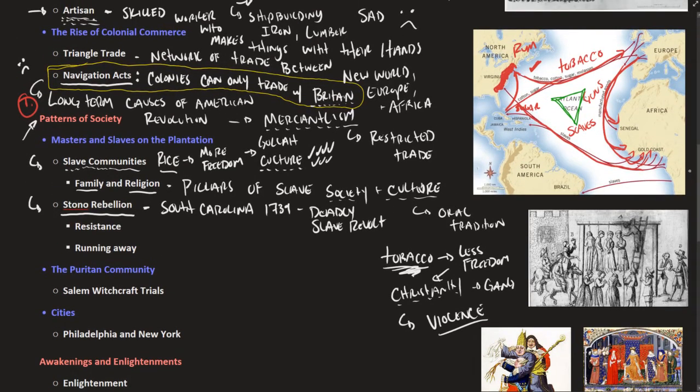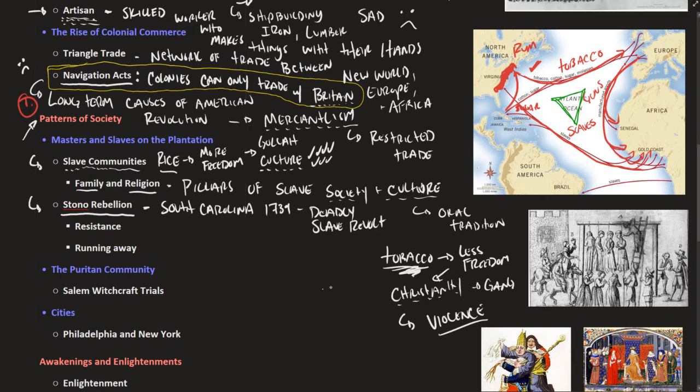It essentially was partially inspired by the fact of Spain's presence in Florida. Spain and England were rivals. Essentially, what the Spanish promised was freedom for any slaves who escaped from English colonies, adopted Catholicism, and fought for the Spanish army. And so a group of slaves in Stono, South Carolina, rose up, killed anybody who opposed them, and attempted to make it to Florida.